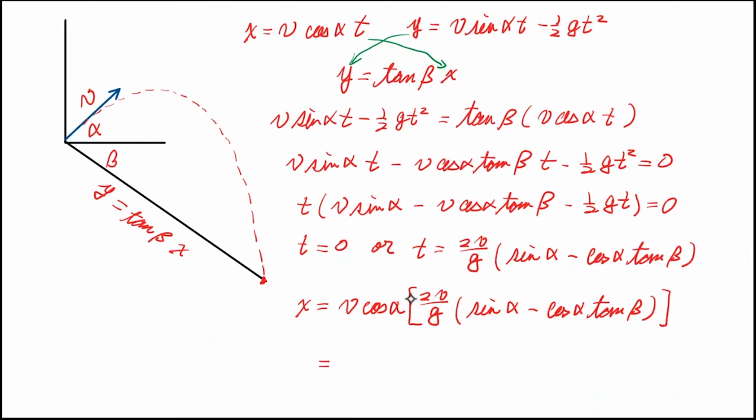So I will have v squared, 2v squared over g, constant out of the way, cosine alpha here, so I have sine alpha cosine alpha, minus, I'm going to multiply, so this is cosine squared alpha and tangent beta.